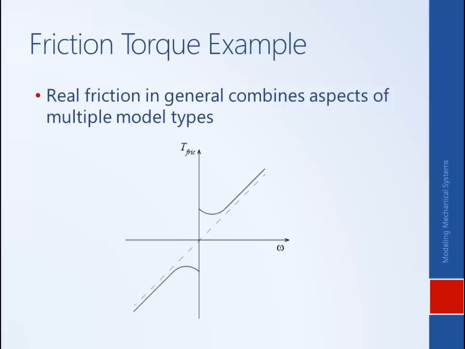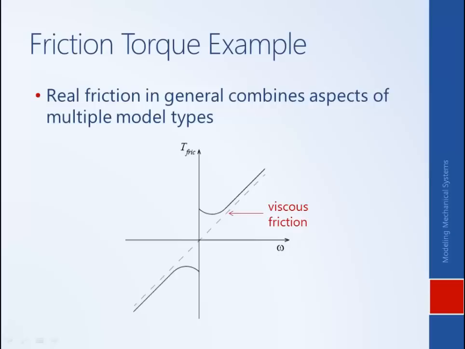Here's another example of a frictional torque model that's more accurate than either the viscous model or the Coulomb friction model from the previous slide. It's more accurate for most situations in that it contains aspects of both types of models. So we see that the friction torque is linearly proportional to velocity, where here omega is angular velocity.